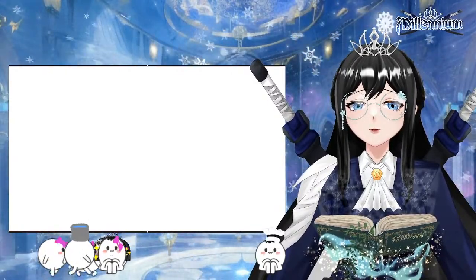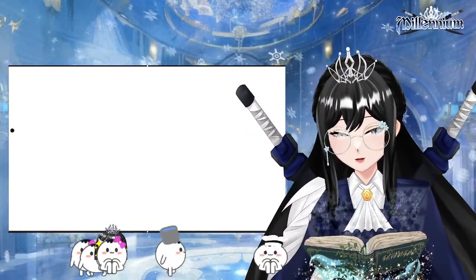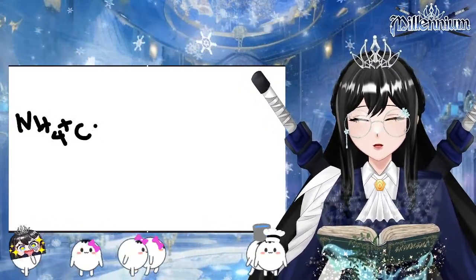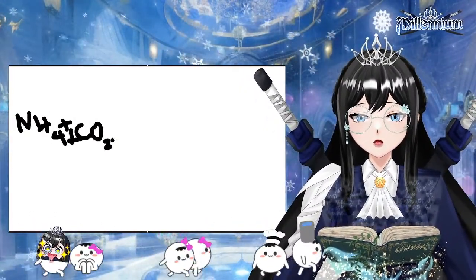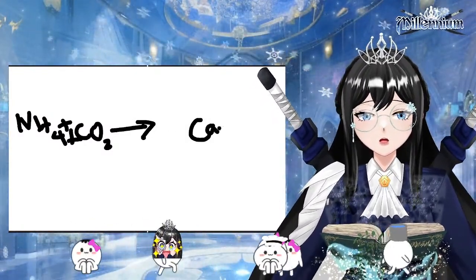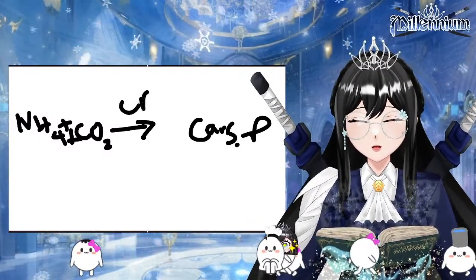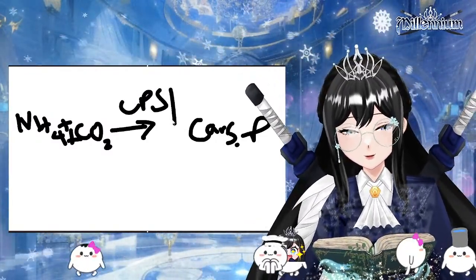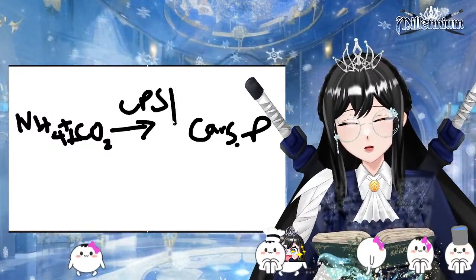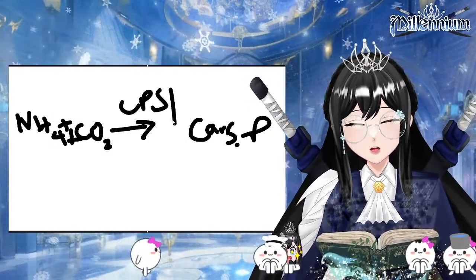There. And I will use the black ink. NH4 plus CO2 gives carbamoyl phosphate, and this is CPS1. Nice, huh? And then after that, it reacts with ornithine, and OTC would help that out.